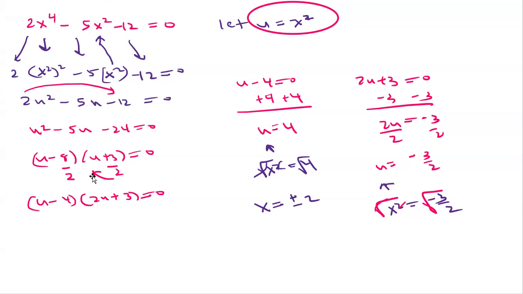So in this case, on the right side, we would have no solution, because again, we can't take the square root of a negative number. It doesn't exist in the real world. So in this case, our only solutions are going to be x is equal to plus or minus 2.